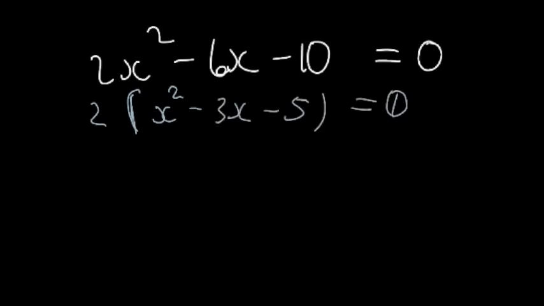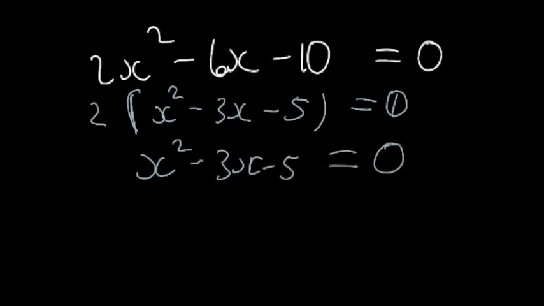Then if I move that 2 from one side to the other, 0 divided by 2 is 0, and we get back to x squared minus 3x minus 5. This is hardly surprising if we know where things started.